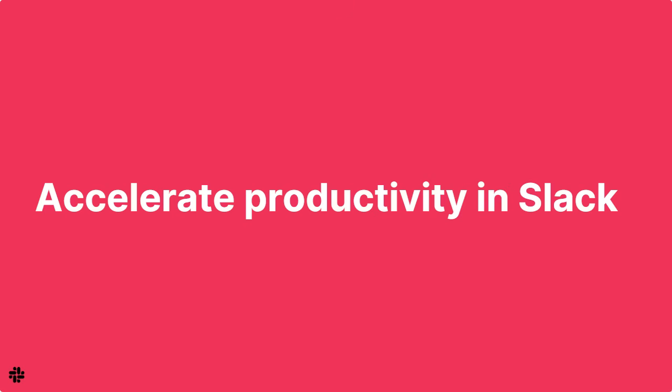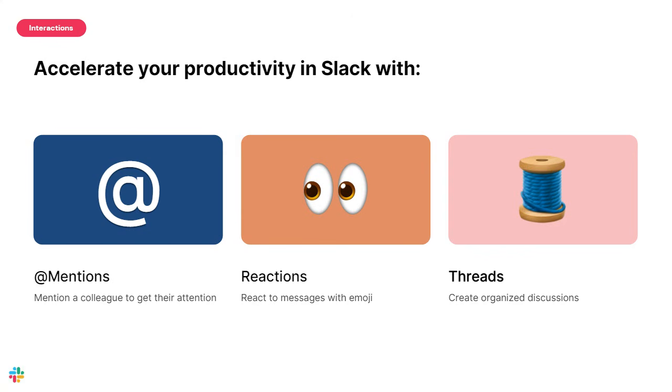Okay, so now that we've covered some of the basics, like how to navigate your Slack interface and how to find and start those conversations, let's up the ante and take things to the next level and cover some of our favorite tips and tricks to accelerate your team's productivity in Slack. So Christina and I are going to cover the top 3 ways to increase your productivity in Slack.